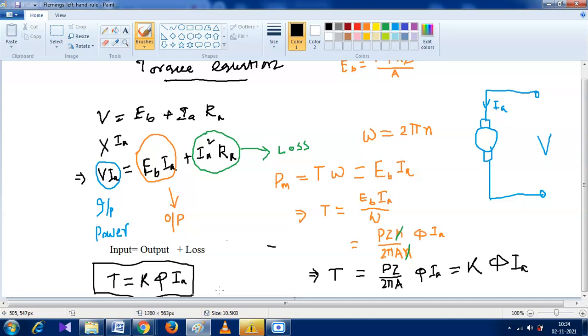Ayush, what is the name of A? Or which quantity do we denote by A? Now tell me. A is the number of parallel paths between two brushes. I hope it is clear to you all.